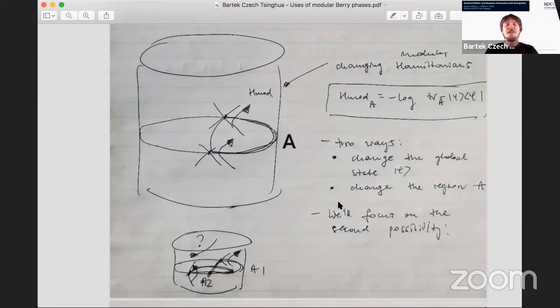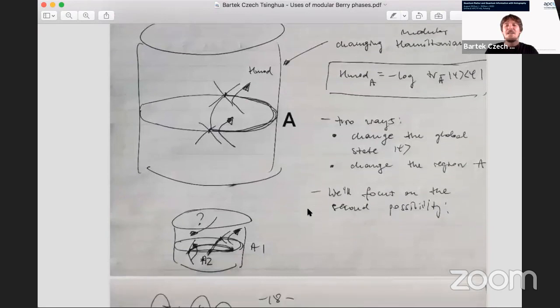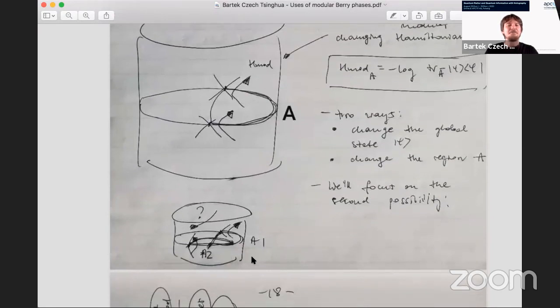I'm just varying for which region the modular Hamiltonian is being computed. So I'm just changing the region A here. So H_A is minus log of trace over A complement of psi. I am varying this A, I'm varying this A complement, and this gives me different ways in which I could have approximate boost symmetries, different approximate boost symmetries that apply to the same global geometry. Any questions or comments about that?